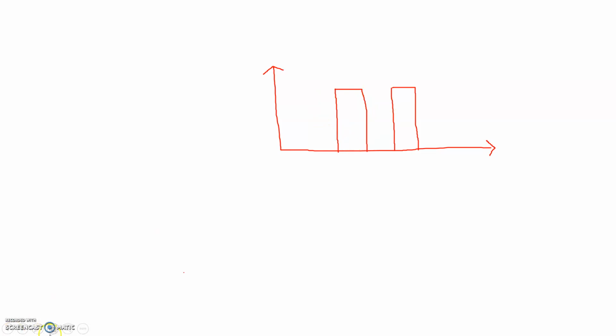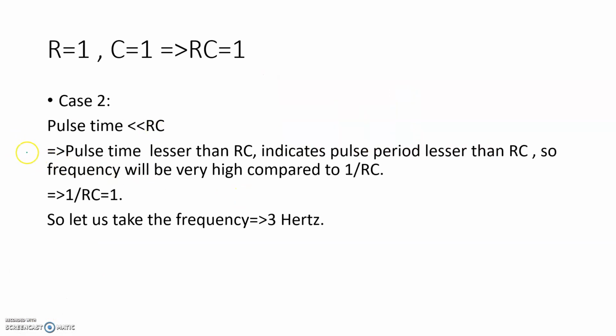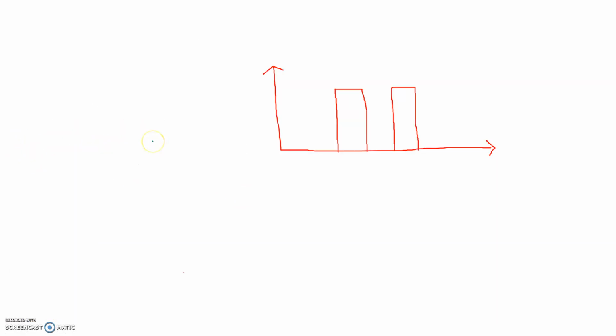Now what will happen for this particular case is that pulse time is very lesser than RC. So the pulse will go up, and after that it will go down very quickly. As a result, our capacitor will be unable to charge up to VCC, the maximum voltage, and the discharging problem will also occur.